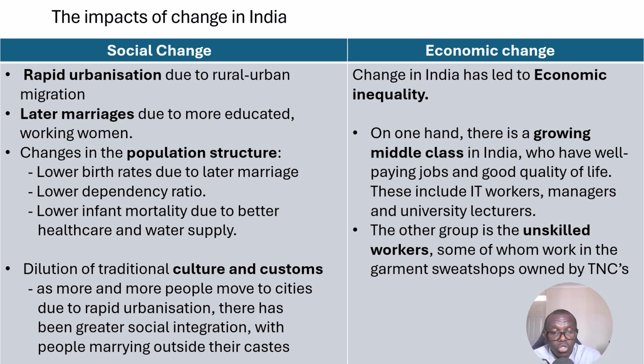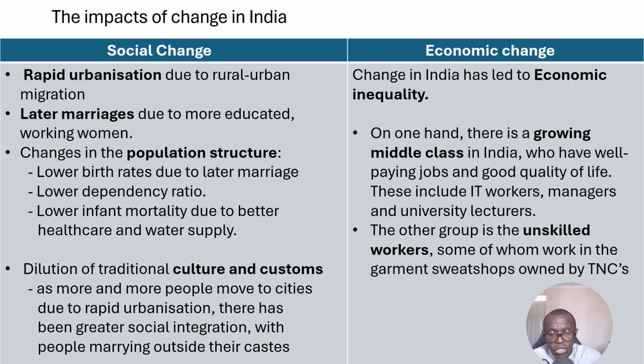Then there has also been a lower dependency ratio in the population structure of India. Then thirdly, there are lower infant mortality rates in India. So the number of children that die before the age of 1 has reduced in India, and this obviously can be attributed to better healthcare provision as well as a better water supply.